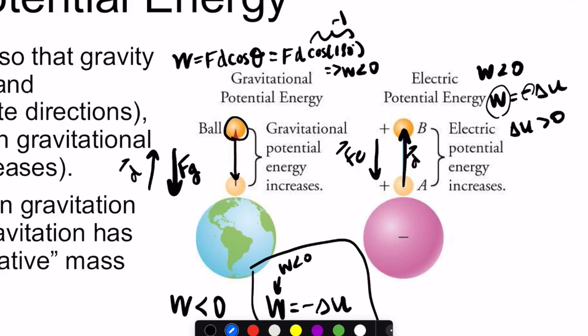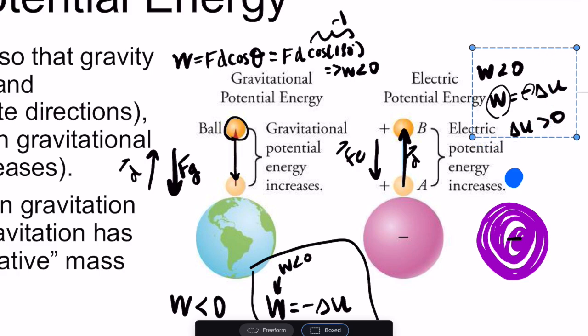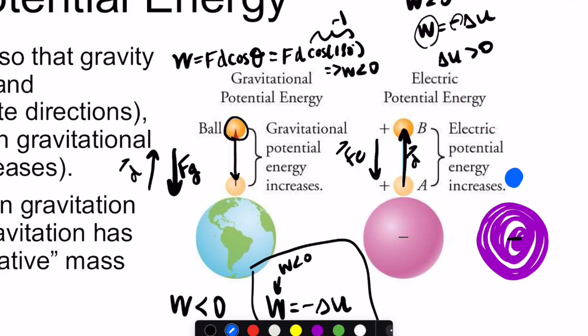So if I have a negative charge, and another negative charge here, same as on this side, but now the other charge is negative as well, and I'm moving it away from the negative charge.